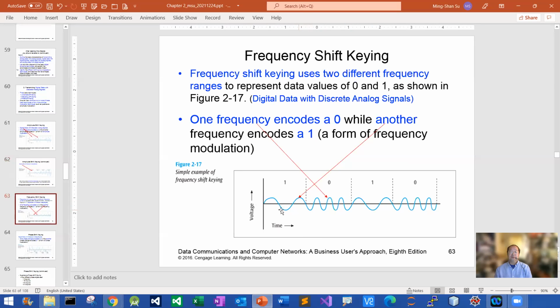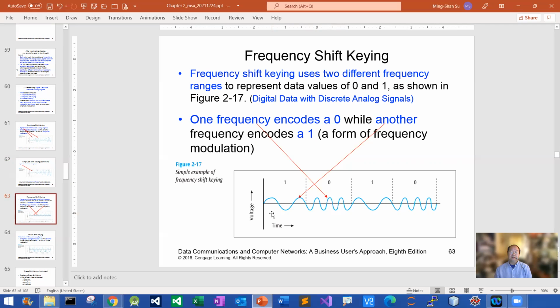You can think of it this way: within the same time interval, this one has maybe about 1.5 cycles, but this one has more, kind of 3.5 cycles, if you want to think about it.